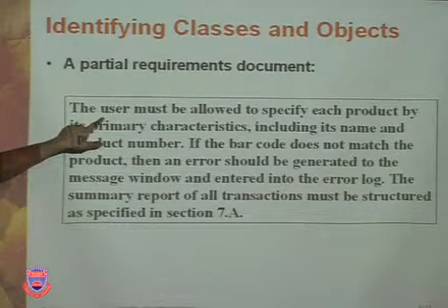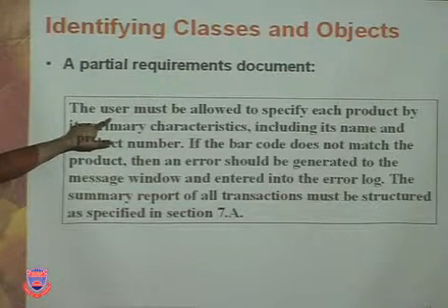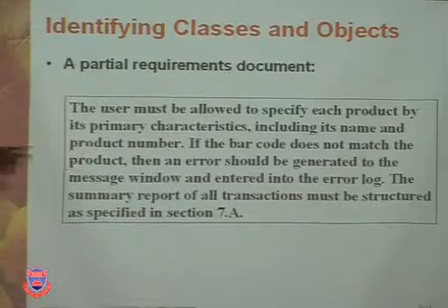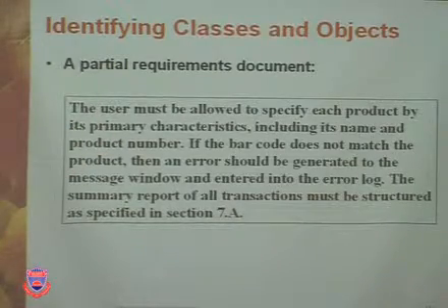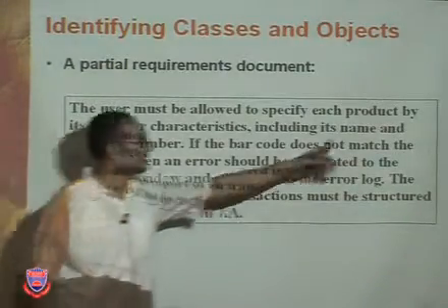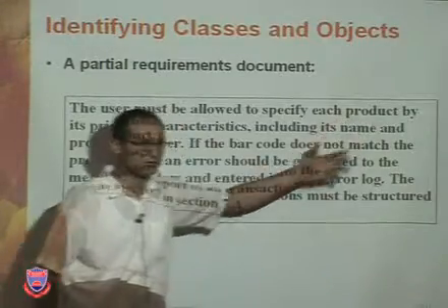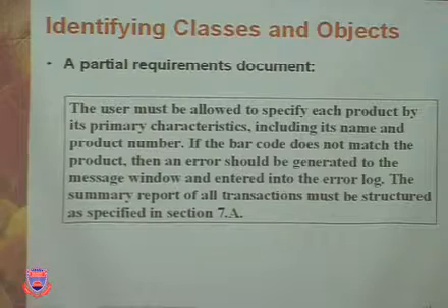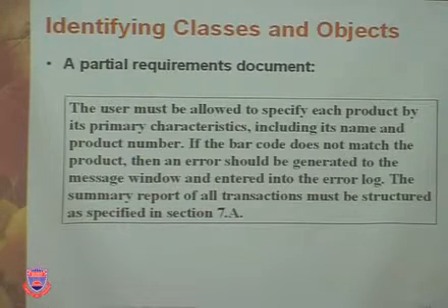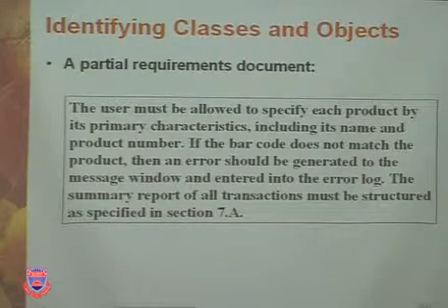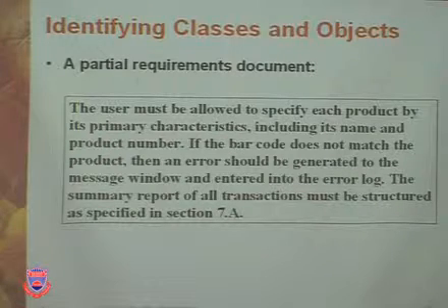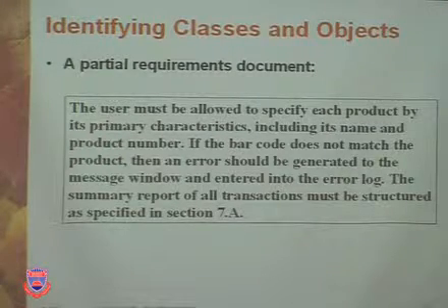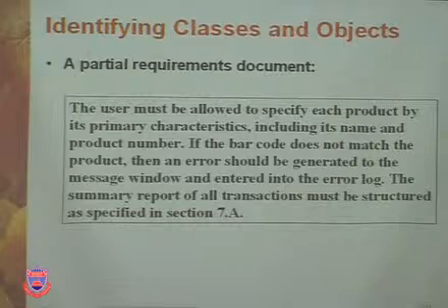For example, the user. So you may want to have a user class which is going to implement the users. Or you may want to have, again, another noun which is product, which is going to be another class, for example, which you may want to implement. Not all of the nouns will actually convert to classes, but it actually gives you an idea of which one of these things might be the classes that you have.